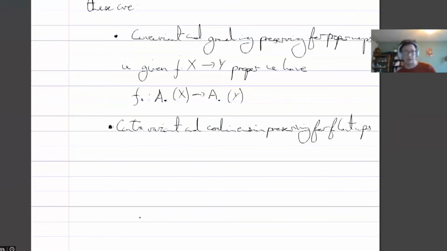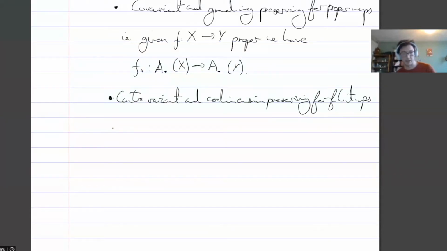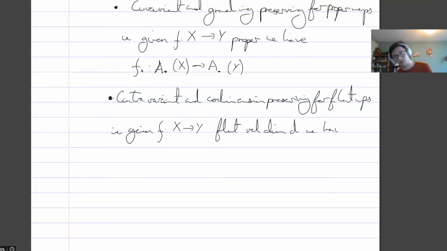So what do I mean by that? Scroll down for a second. So, i.e., given f, X to Y, which is going to be flat, and relative dimension d, we have a flat pullback.